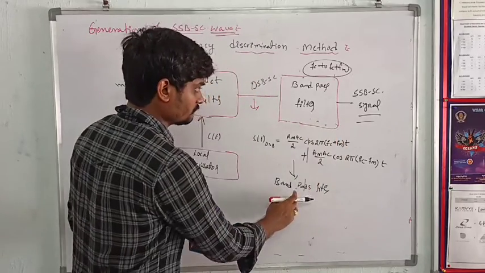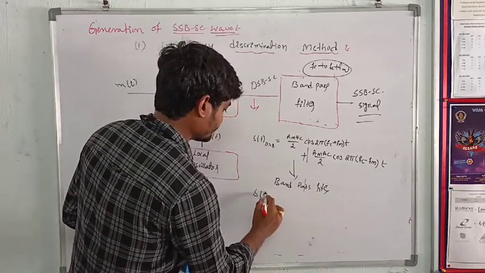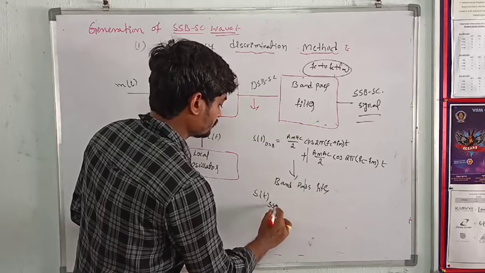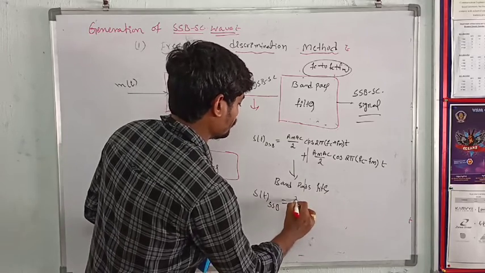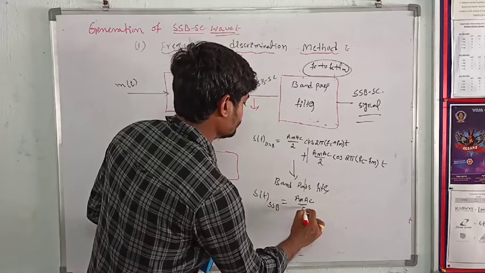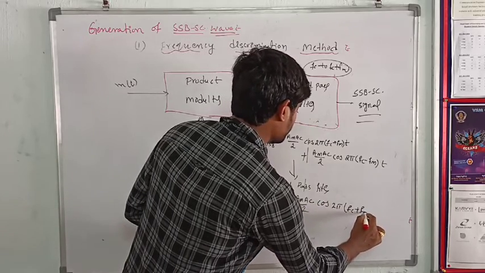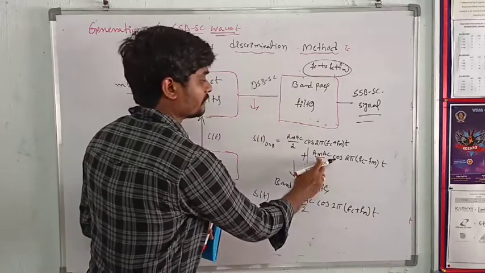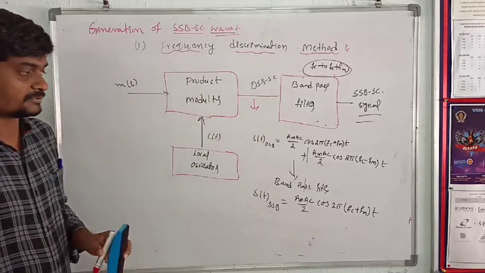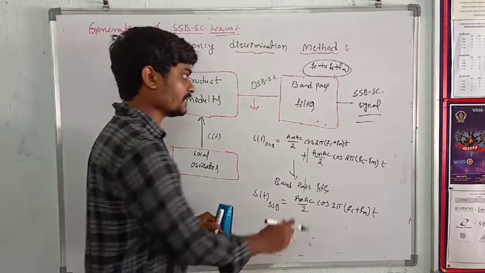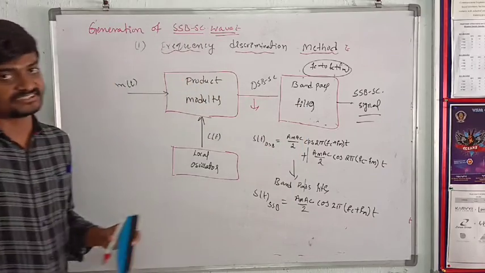After passing through the band pass filter, we get either the upper sideband, Am Ac by 2 cos 2 pi (fc plus fm) t, or the lower sideband, Am Ac by 2 cos 2 pi (fc minus fm) t, depending upon the band pass filter design.